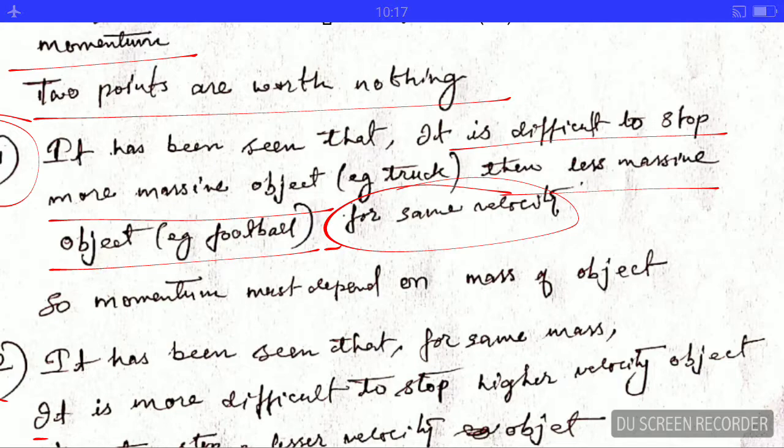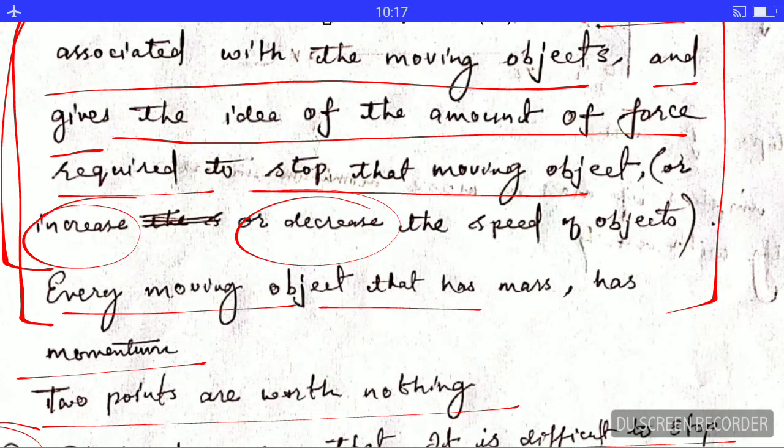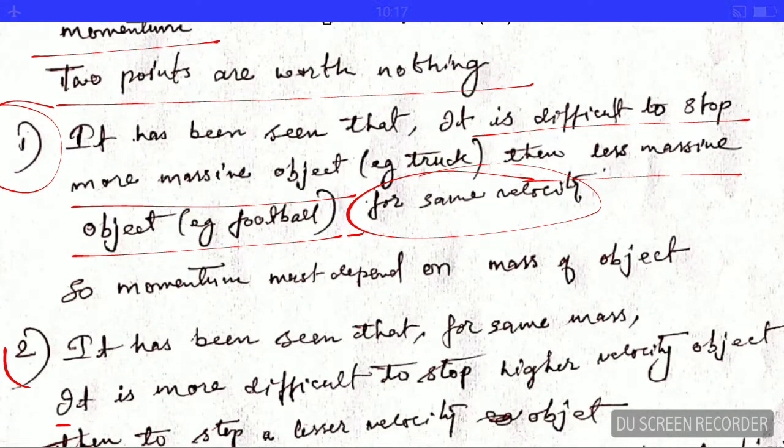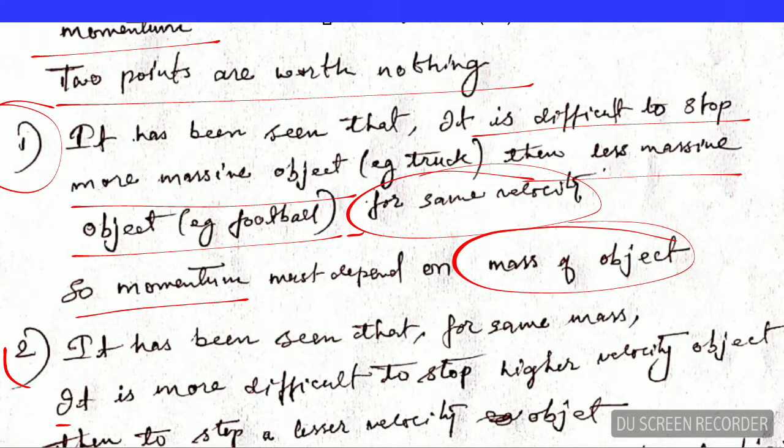Since momentum gives the idea of the amount of force required to stop the moving object, the momentum must depend on the mass of the object. That means momentum is directly proportional to the mass of the object.